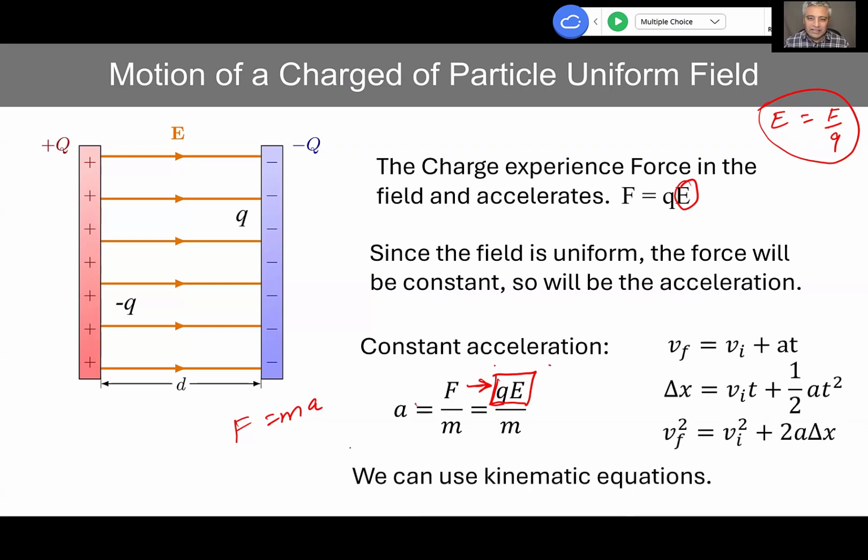That's it. So this is constant acceleration, which means it's going to follow the kinematic equations. Oh, that's physics 1 all over again, right? Hopefully you recognize these equations. Final velocity is equal to initial velocity plus acceleration times the time interval. And these are vectors, so the final velocity in a particular direction is equal to the initial velocity in that direction plus the acceleration in that direction times the time interval.